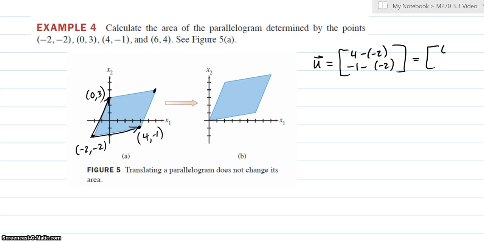So we have 6 and 1. And you can see here that if you use this vector, that will be like taking the vector (6, 1), which is right here. This vector right here.